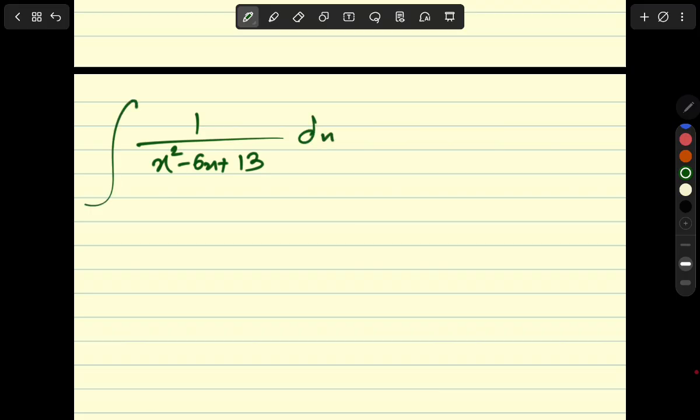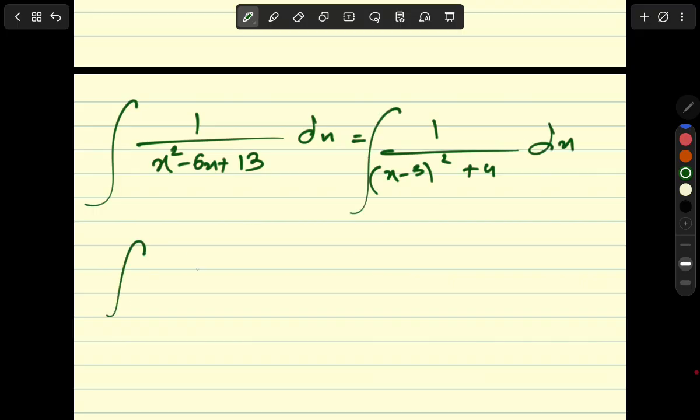Now, you will see that you cannot break it into partial fractions, you cannot break it into any other form, but yeah, you can turn it into a completed square form. So this becomes x minus 3 whole square minus 9 plus 13, which is plus 4. So now I have the integral of 1 upon x minus 3 whole square plus 2 squared dx.